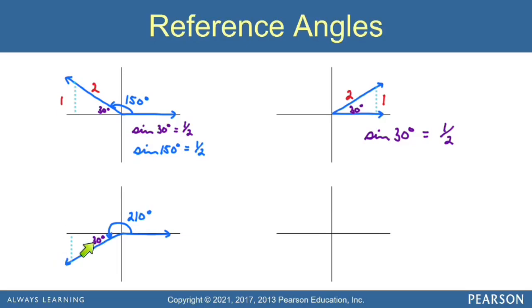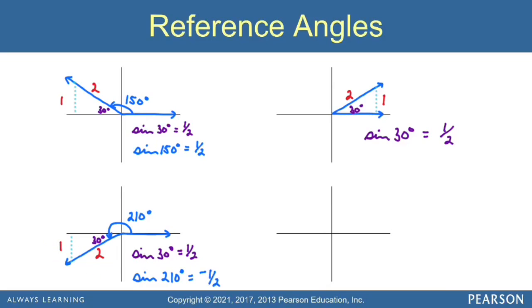Now we know that the sine of 30 is 1/2. And so that's going to make opposite over hypotenuse be 1 over 2. And now when we think about the sine of 210, we know that the sine function is negative in the third quadrant, so I'll go ahead and put down my negative. But we also know that the sine function is y over r, so again that's going to be 1 over 2.